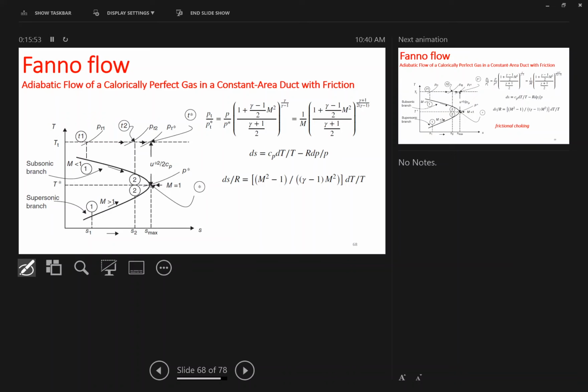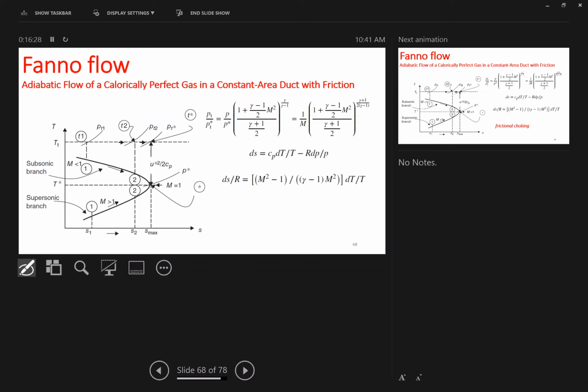So essentially, in a subsonic branch of the flow, as you go in a Fanno flow, when you have friction involved, we are moving towards the sonic condition, M equals 1, right? Which means that for subsonic flow, you start from a Mach number smaller than 1, you go towards 1, and your temperature actually decreases, right?